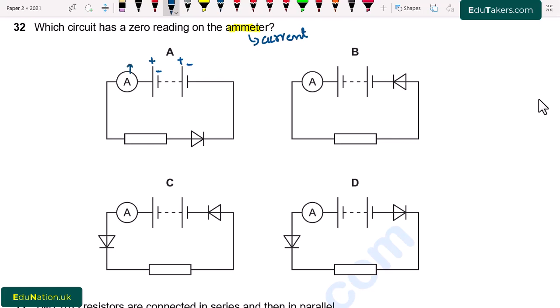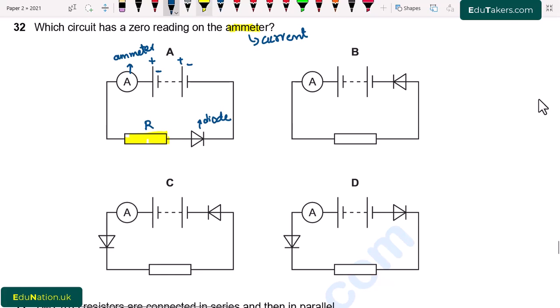A shows the ammeter, and here this box is actually resistance. I represent it with R, and this is a diode. The current only passes when the circuit is forward biased. It means that the positive terminal of the battery is attached with the positive side of the diode, and the negative terminal of the battery is attached with the negative terminal of the diode.